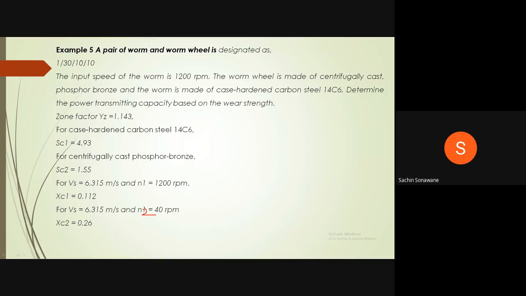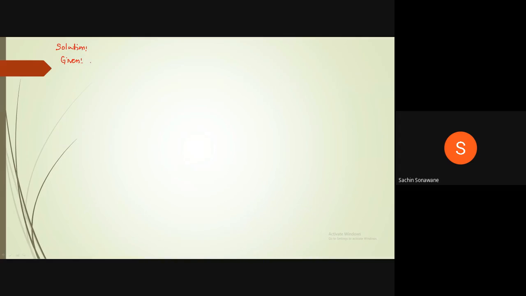Given data will remain same. Z1, Z2, Q, M. Z1 is equal to 1. Z2 is equal to 30. Q is equal to 10. M is equal to 10 mm.